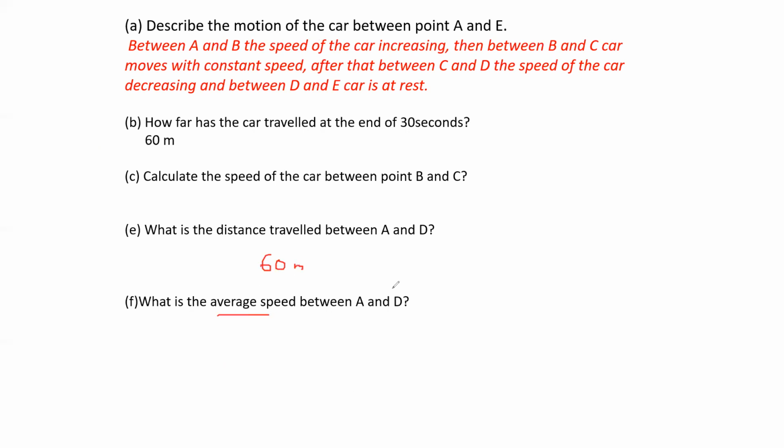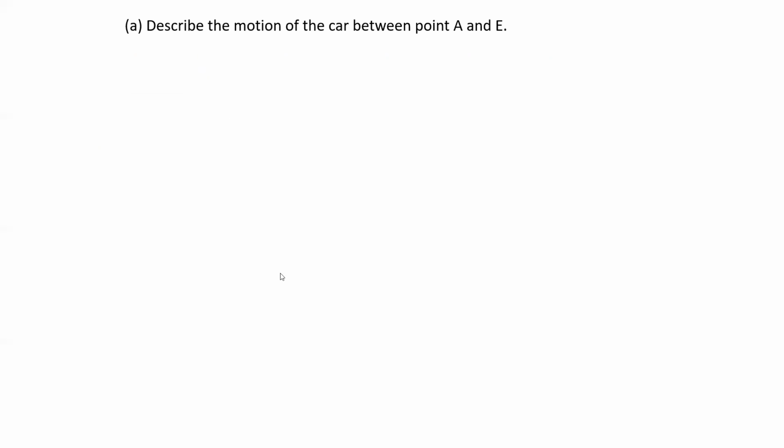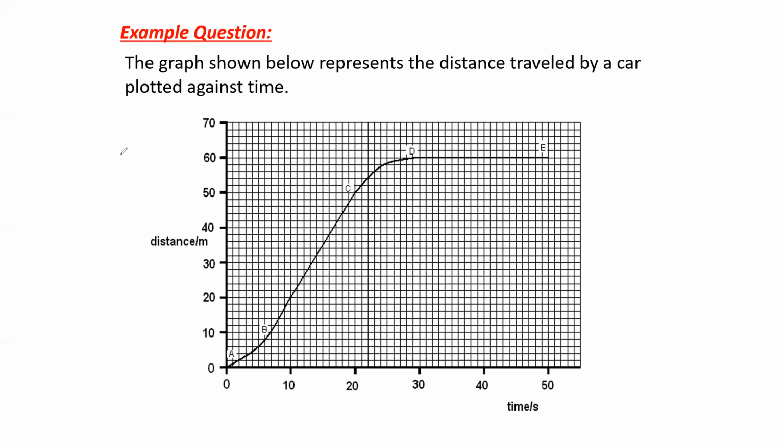Then what is the average speed from A to D? The average speed is the distance divided by time. So from A to D, the total distance is 60 meters, and the total time it took, because A is at 0 and D is at 30, is equal to 30. So 60 divided by 30, that's equal to 2 meter per second.